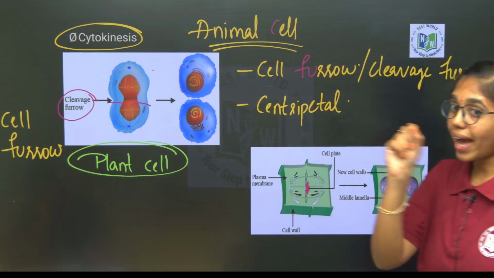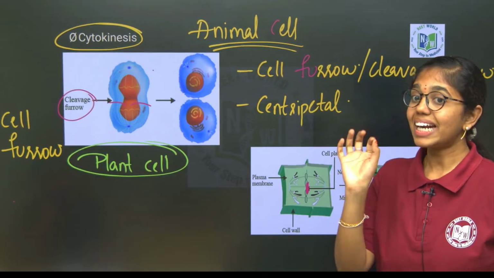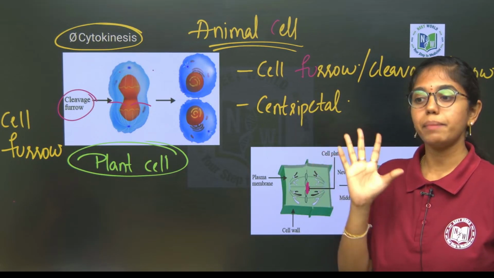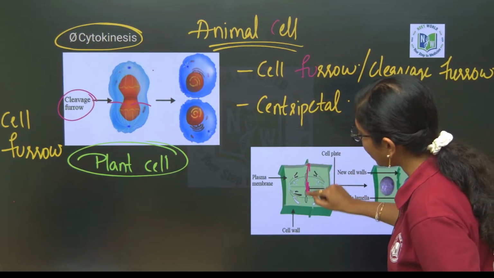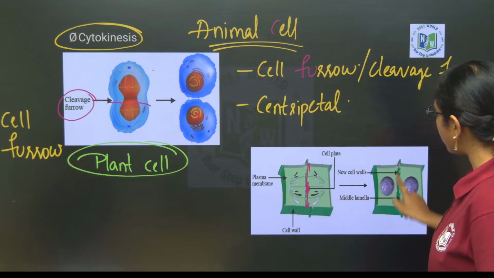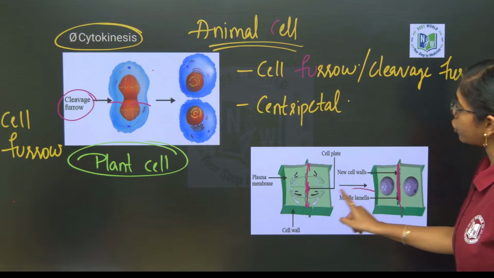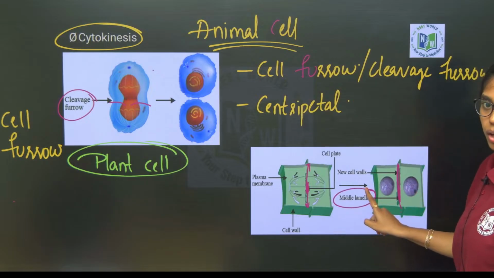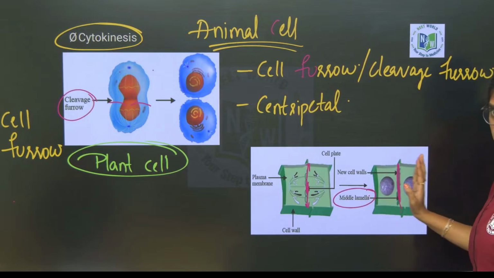That phragmoplast will be synthesized from Golgi bodies only, and it is rich in calcium pectate and magnesium pectate. This phragmoplast will move towards the peripheral ends, forming a cell plate. This cell plate will mature to a middle lamella, that forms the primary cell wall between two plant cells.